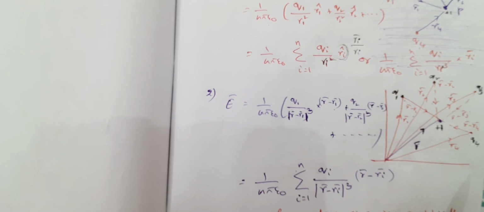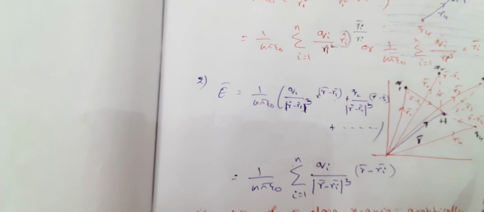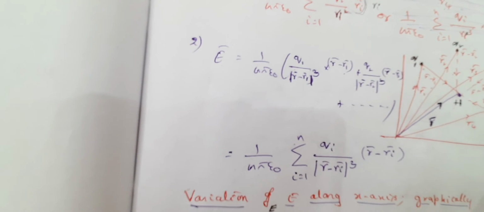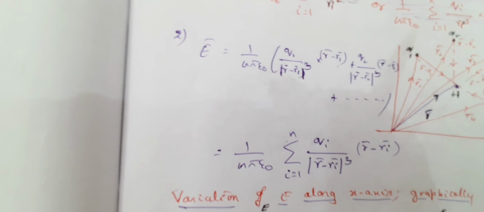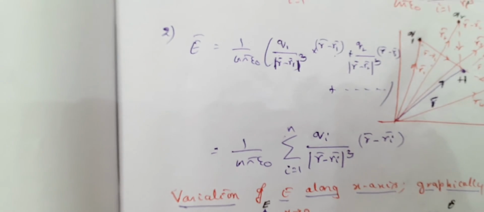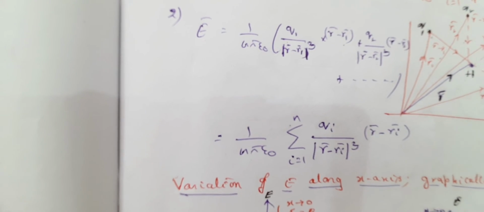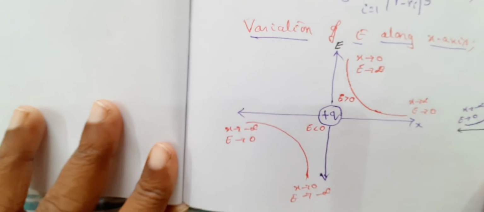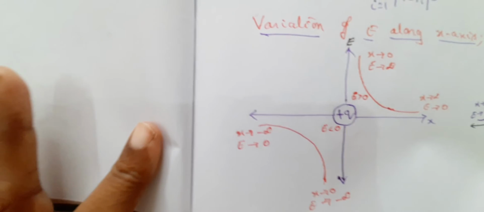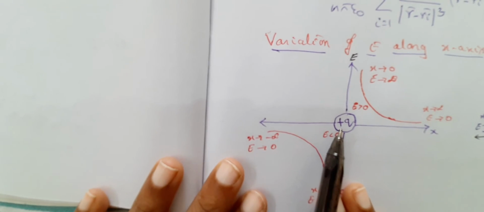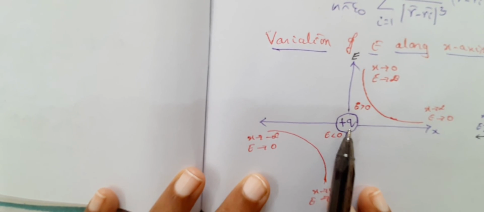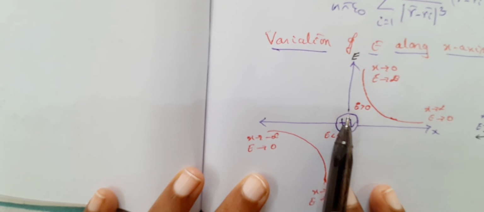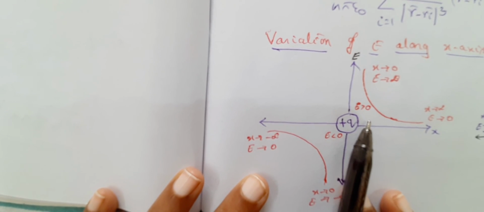Now the next part is the variation of electric field strength. How do you represent it graphically? Suppose I take a positive charge. Whether it is a positive or negative charge, you can see that E is inversely proportional to the square of the distance.